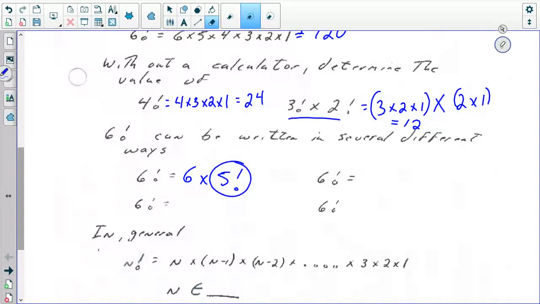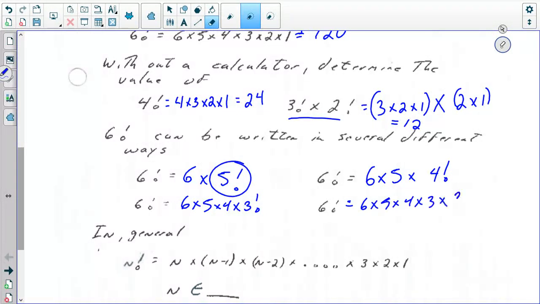I can also expand it further: 6 times 5, and I'm just going to write the rest of it as 4 factorial. And we continue that trend on, 6 times 5 times 4 times 3 factorial, or 6 times 5 times 4 times 3 times 2 factorial.